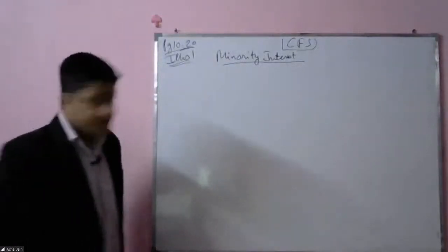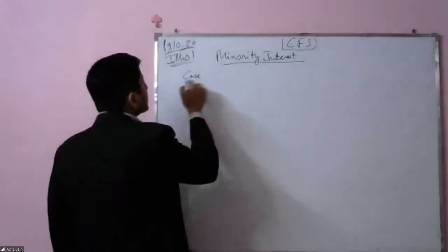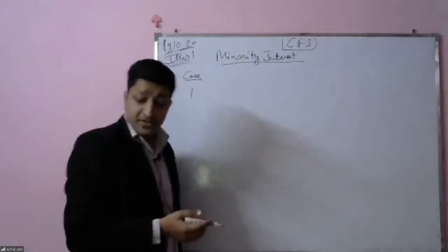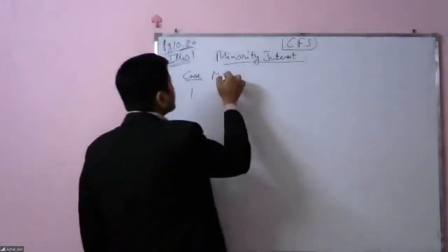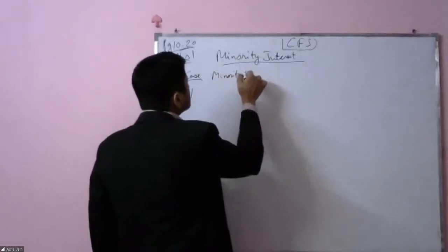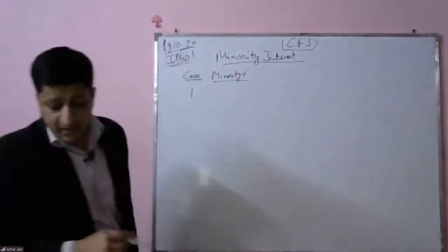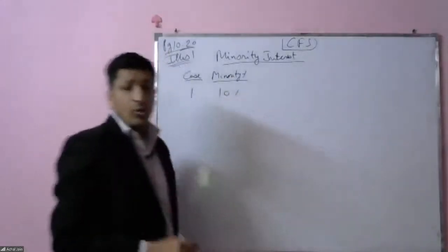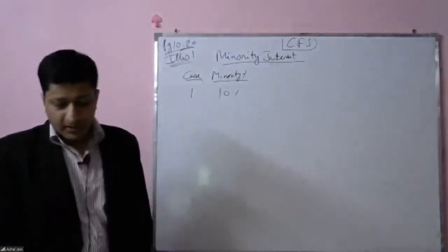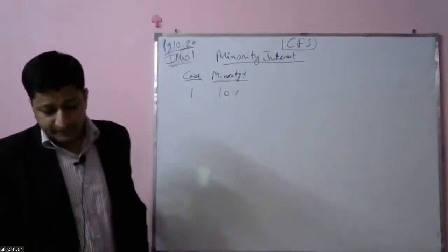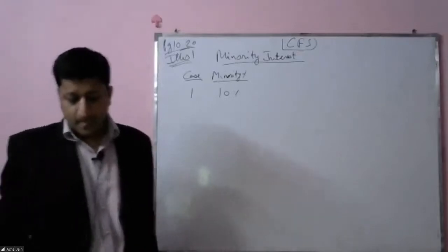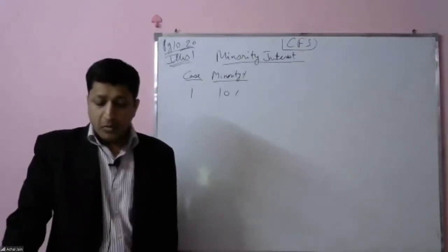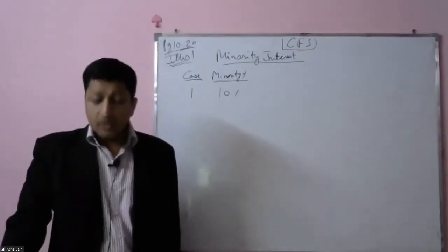So we have 4 cases. Case 1. Then we have the minority percentage share. In case 1, it will be 10%. Why? Because the parent holds 90%, so minority will hold 10%. Correct? Then the next information is the minority interest on the date of acquisition.